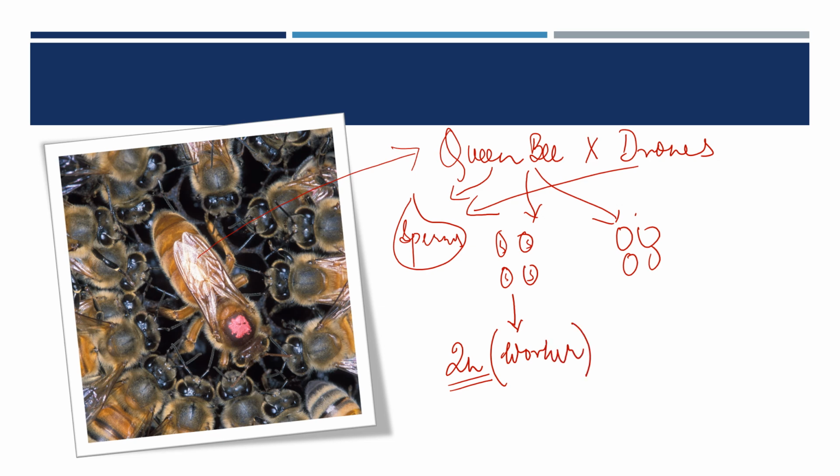So it will give rise to female again. So the queen bee, after using the sperm, if they are producing offspring or individuals, they will be having 2n number of chromosomes, that is female, and they are workers.